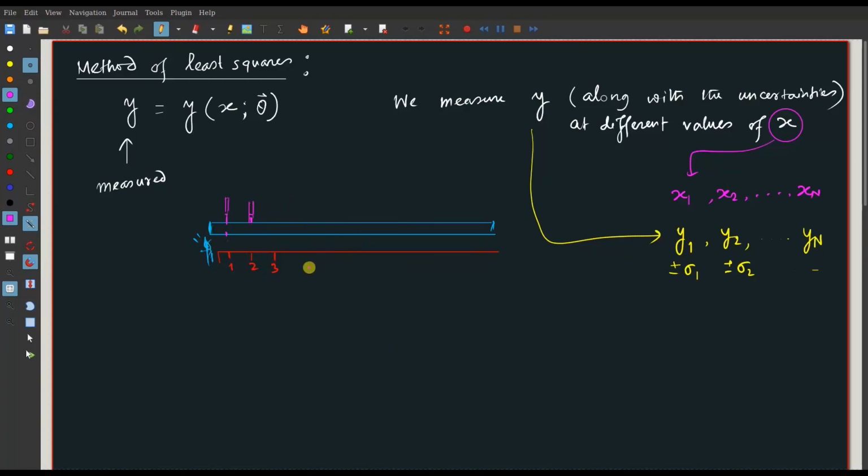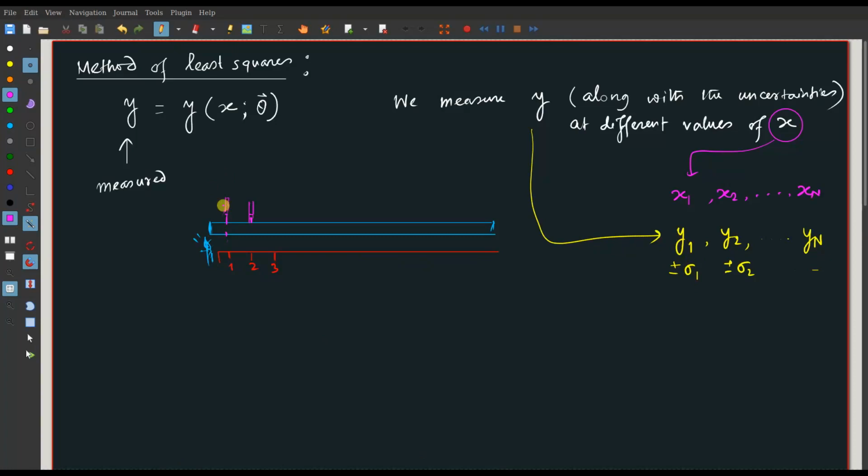Okay, and these thermometers that you have also have a least count, let's say, that is the minimum temperature difference that this thermometer is sensitive to, and that gives you a measure of this sigma.